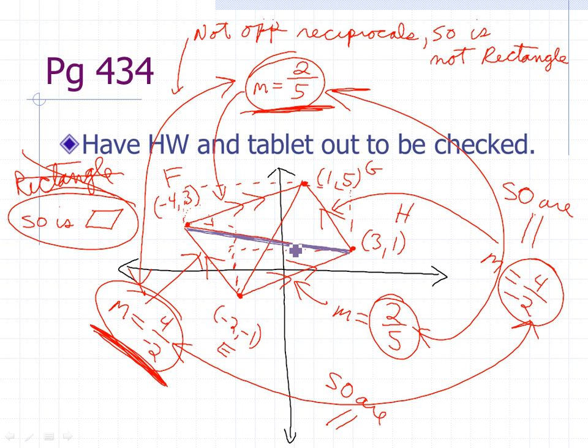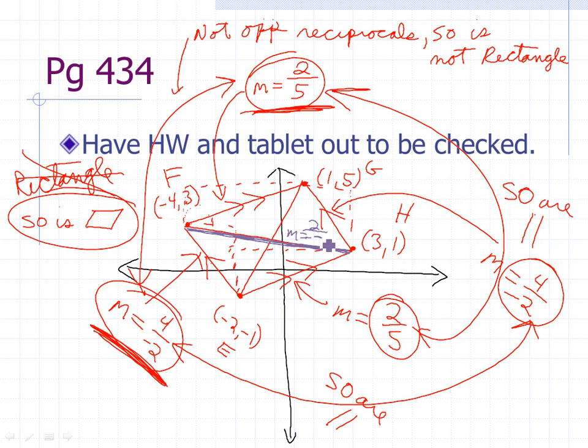If we go from 1 up to 3, how much did we go up? 2. If we go from 3 over to -4, negative 7.